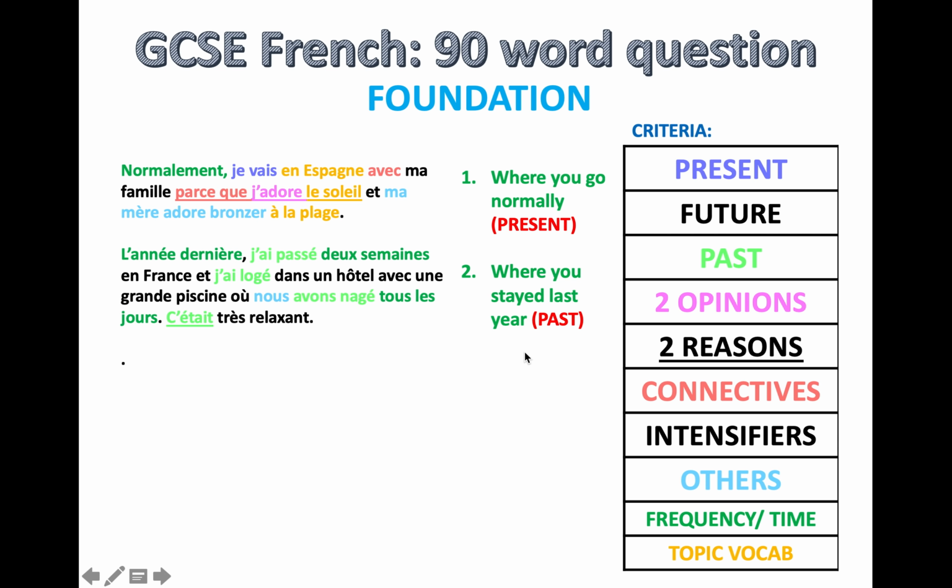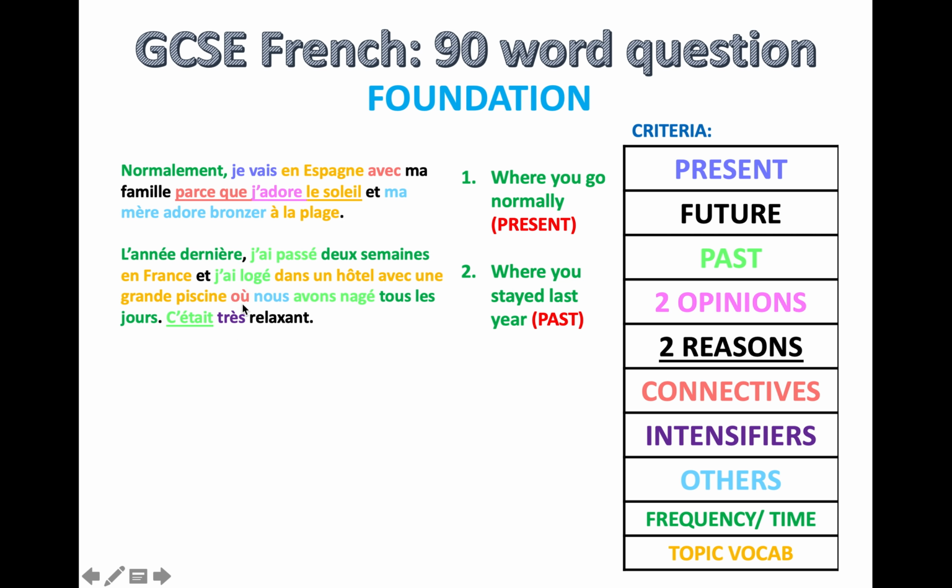We've got a few more frequency and time phrases in here. L'année dernière, last year. 2 semaines, 2 weeks. Tous les jours, every day. We have topic-specific vocabulary: in France, in a hotel, with a big pool. We have an intensifier, très, meaning very.